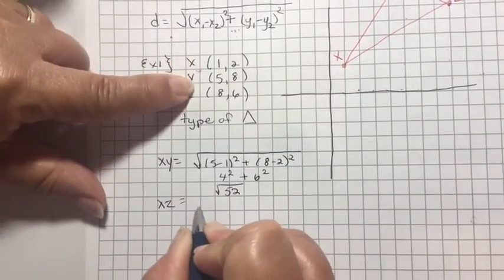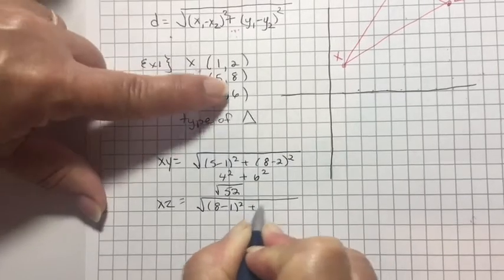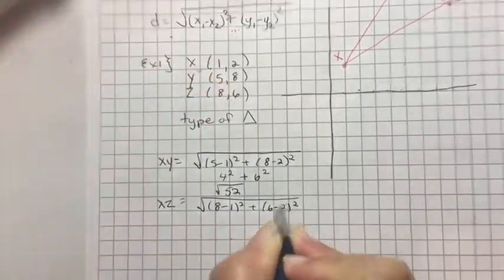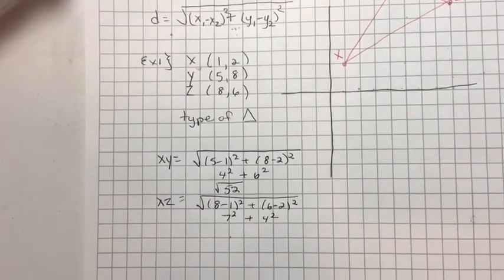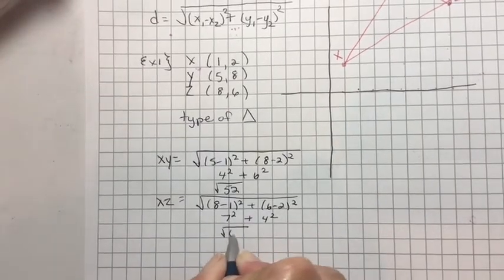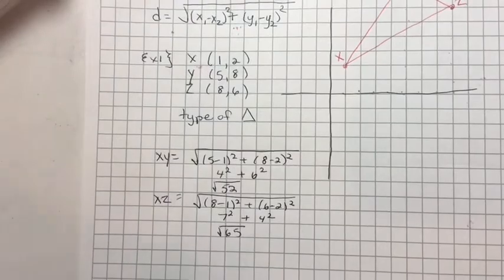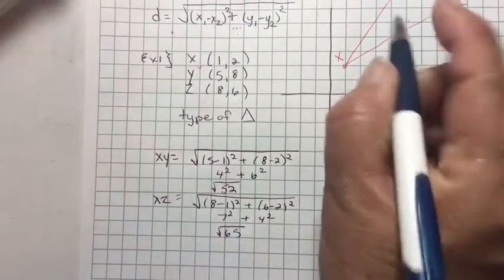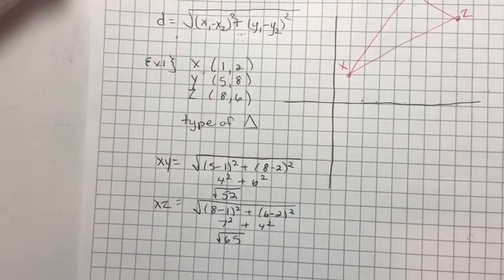X to Z, I end up with 7 squared plus 4 squared, so 49 plus 16, and I get the square root of 65. So I can see from there that it is clearly not going to be isosceles, because these aren't equal, and it's not going to be equilateral, because all three are not equal.